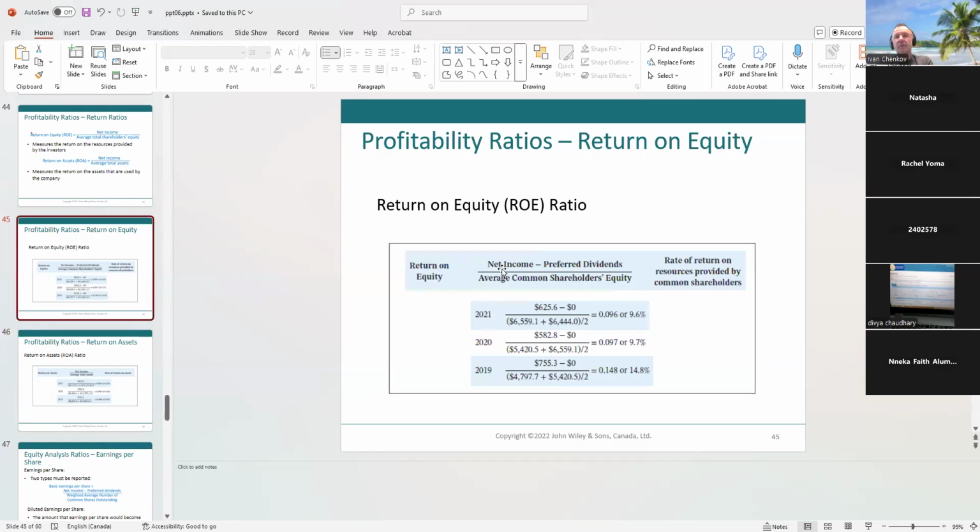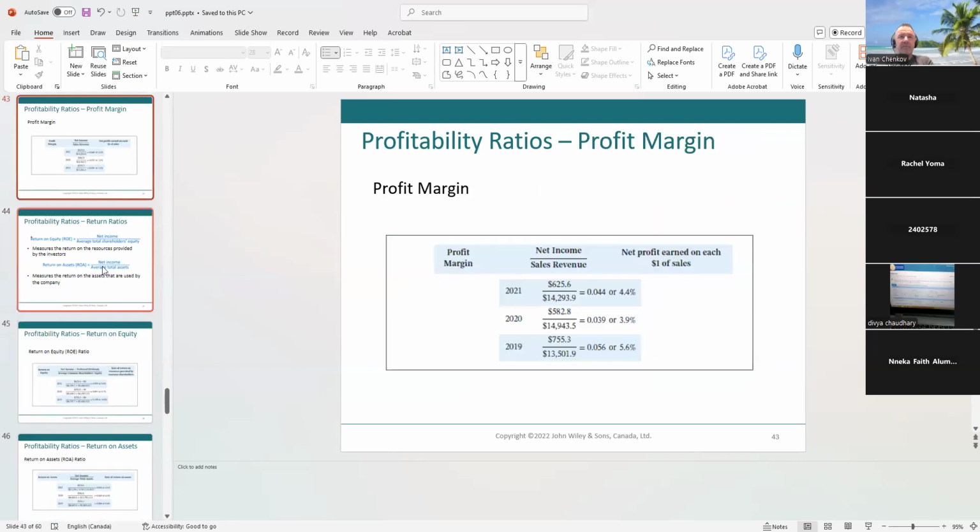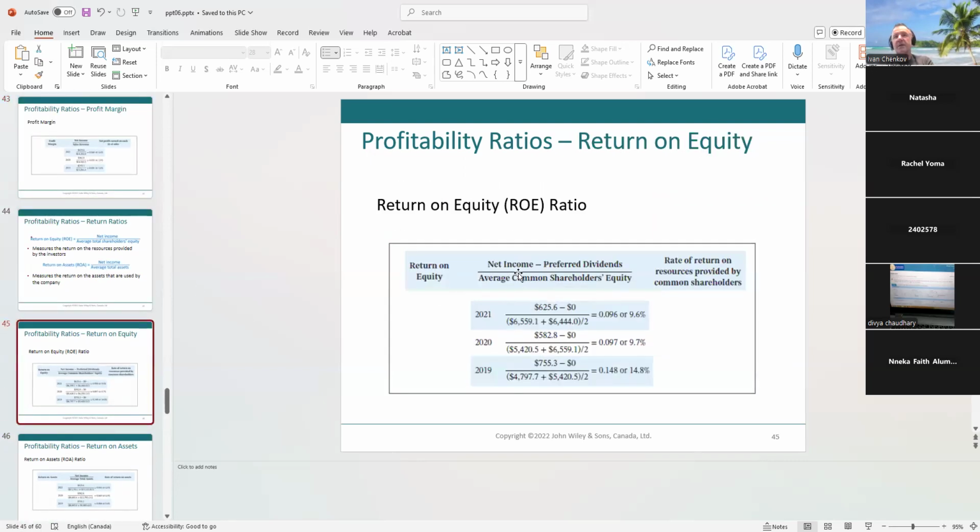Return on equity will be the net income that the company generates, minus any dividends that they have to pay on the preferred shares, divided by the average equity, which is the beginning of the year plus the ending, divided by 2. So for every dollar that the shareholders invested, they're going to get 10 cents. That's their return.